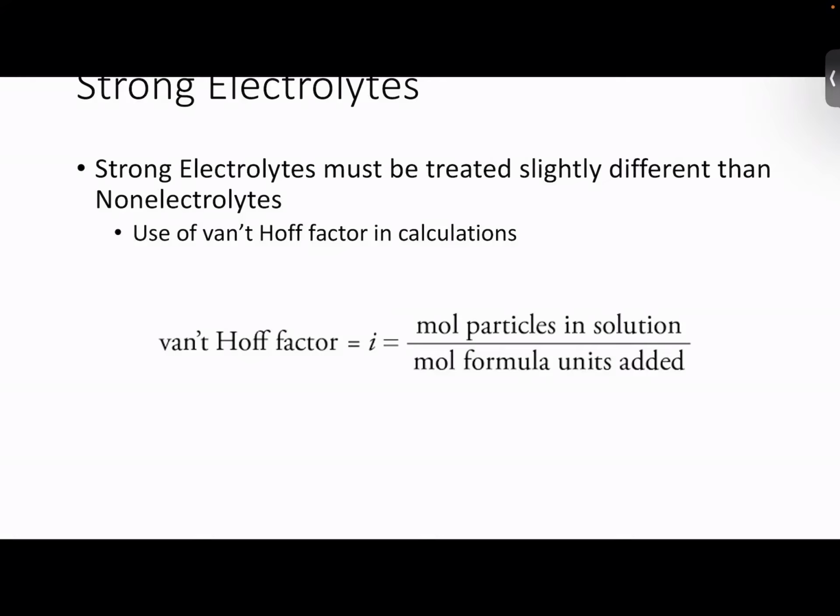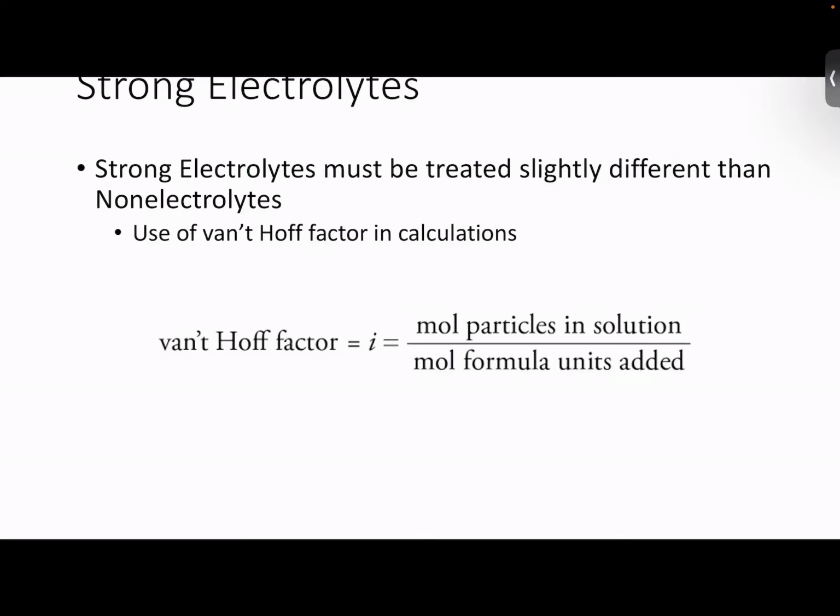And it literally is the moles of particles in solution divided by the moles of formula units. So let's take our calcium nitrate example on the previous slide. I said that calcium nitrate formed 3 particles for every 1 calcium nitrate. So 3 divided by 1 means that the Van Hoff factor would be 3.